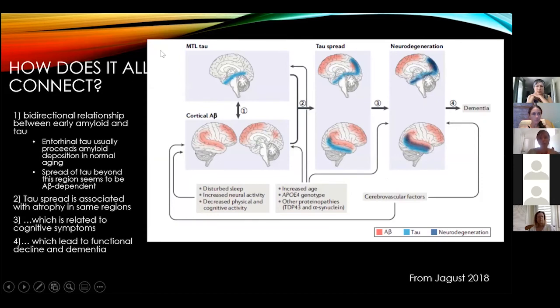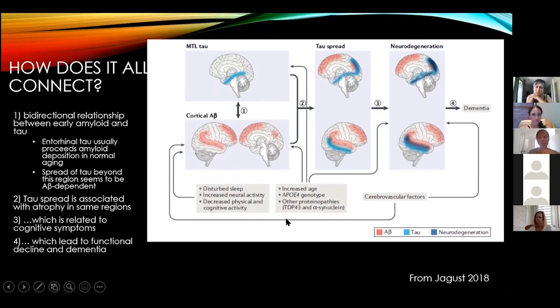So how does this all connect? Early on you get diffuse cortical amyloid beta and a little bit of tau PET in a restricted region. But when the two of them combine, so when someone's amyloid positive, there begins to be a spread of tau in these different regions. And ultimately that ends up causing neurodegeneration or atrophy and dementia.